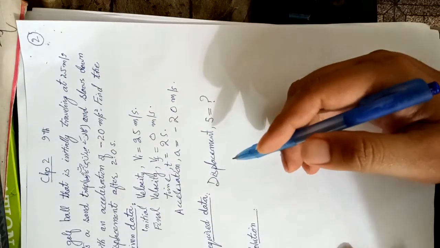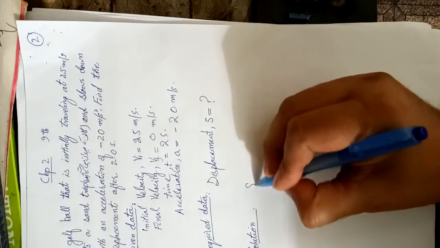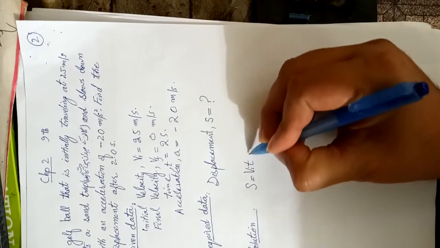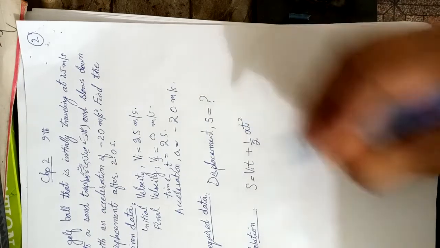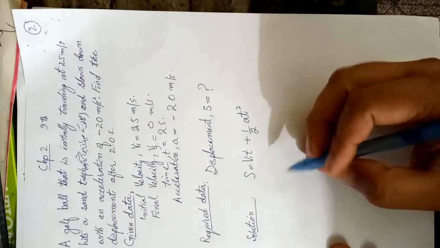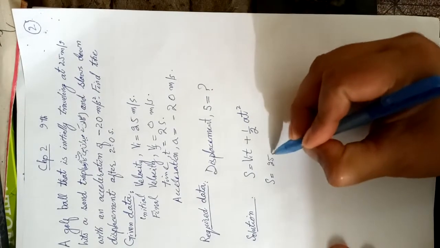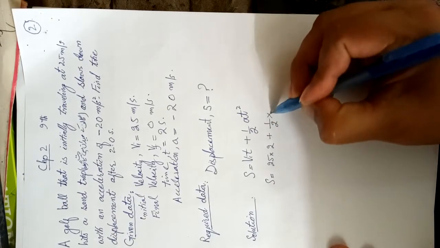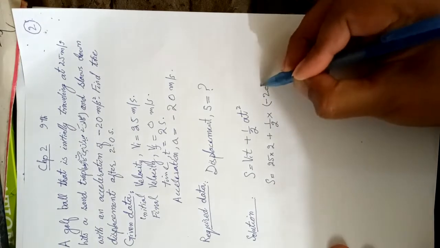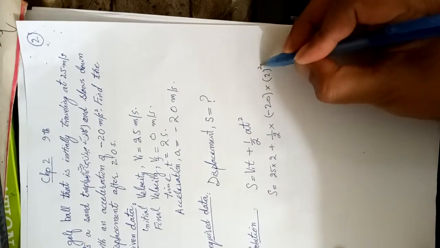So displacement is required. Now from the second equation of motion, we know that S is equal to Vi t plus 1/2 A t square. This is the second equation. Now putting the values, we will get Vi is 25, time is 2 seconds, 1/2, acceleration is minus 20, and time 2 as its square.